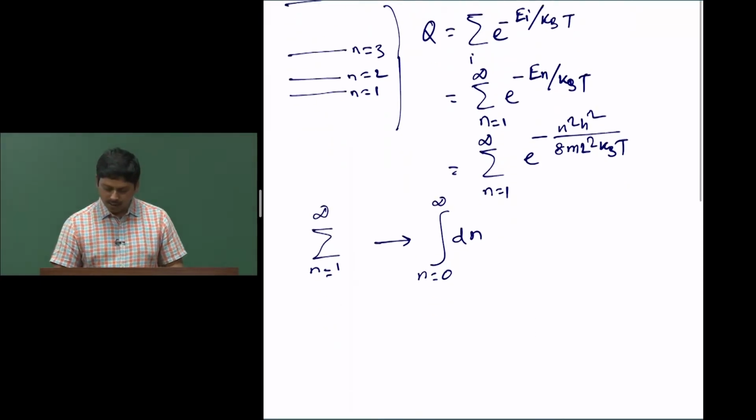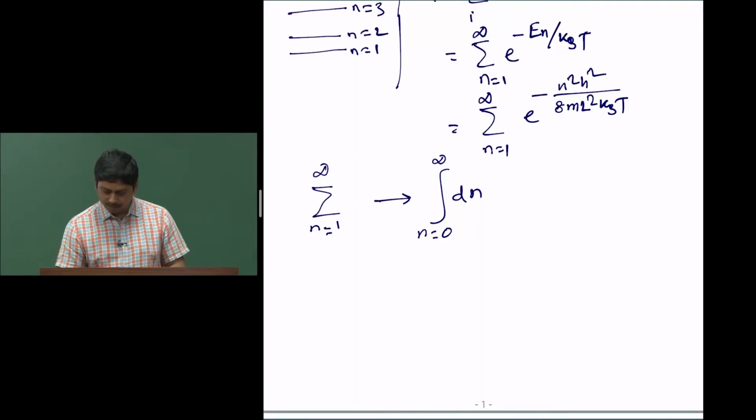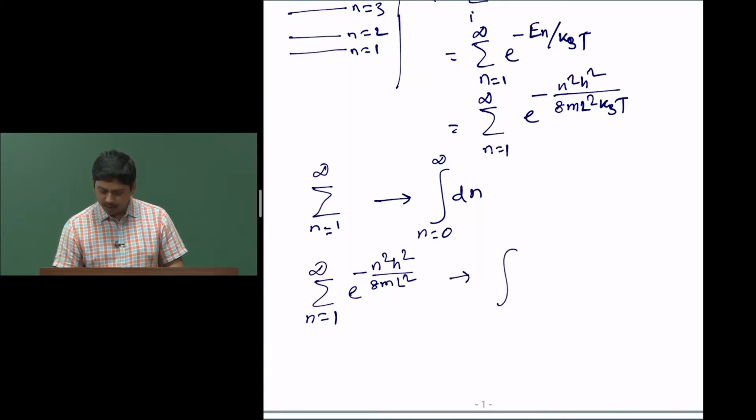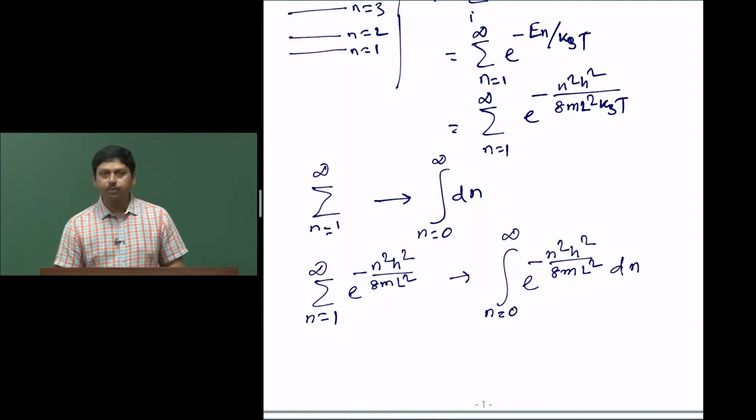Similarly, in that case we can write the sum which is there on the left hand side, n equal to 1 to infinity e to the power minus n square h square by 8 m L square, as the integration of e to the power minus n square h square by 8 m L square d n, going from n equal to 0 to infinity.